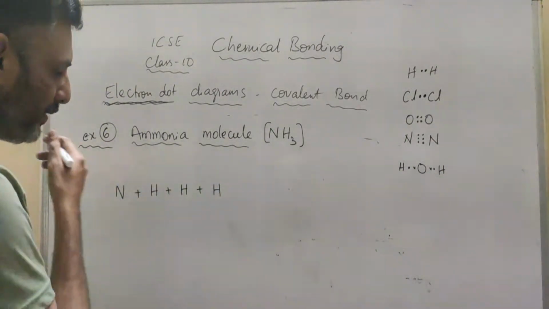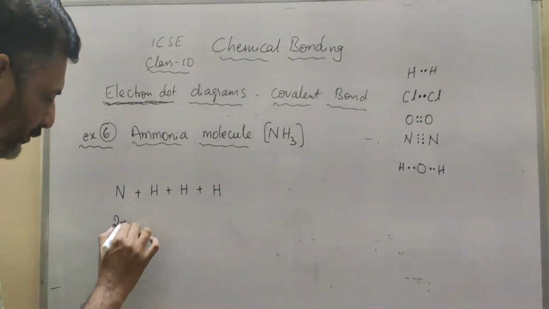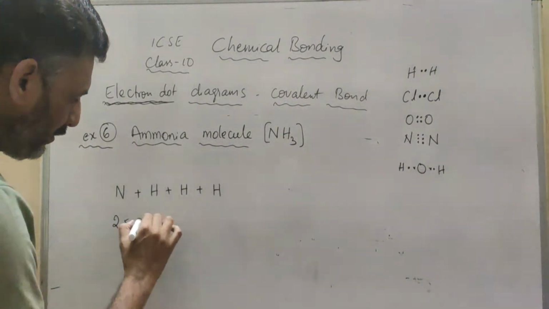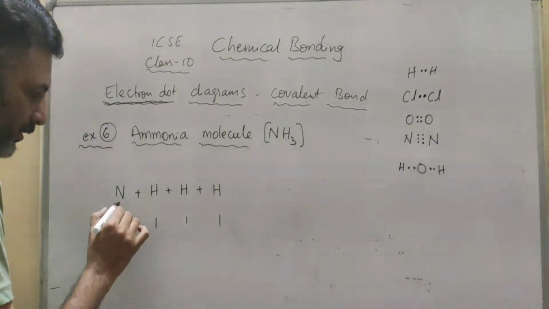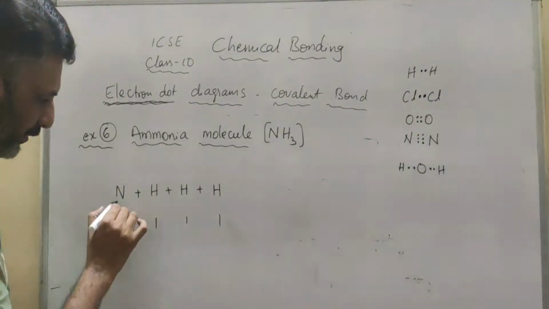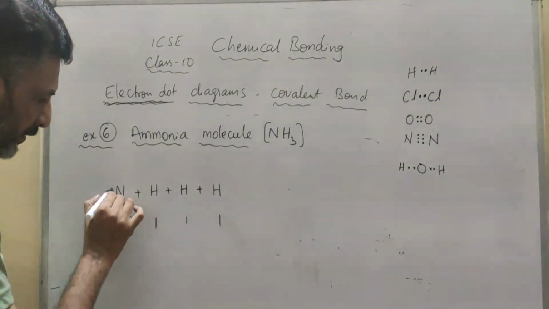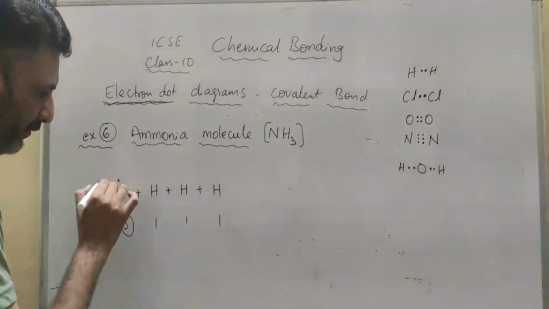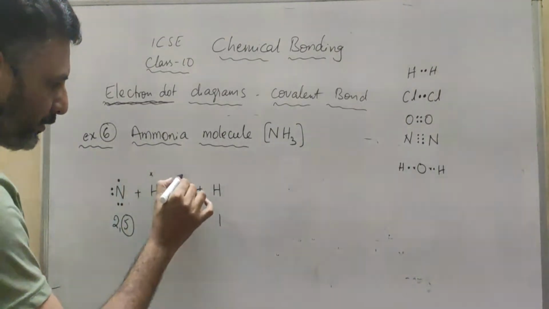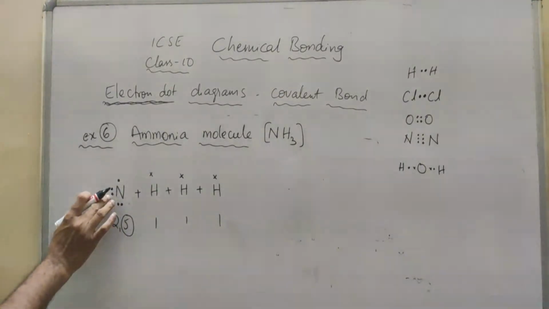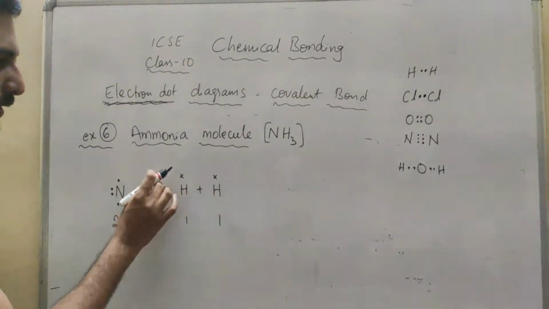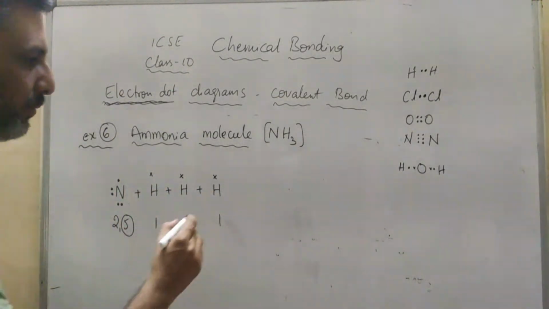Electronic configuration is 2,5 for nitrogen, and 1 for hydrogen. So nitrogen has 5 valence electrons, which we show here. Each hydrogen has 1 electron, so cross, cross, cross. For nitrogen I am taking dots, for hydrogen I am taking crosses in this example.